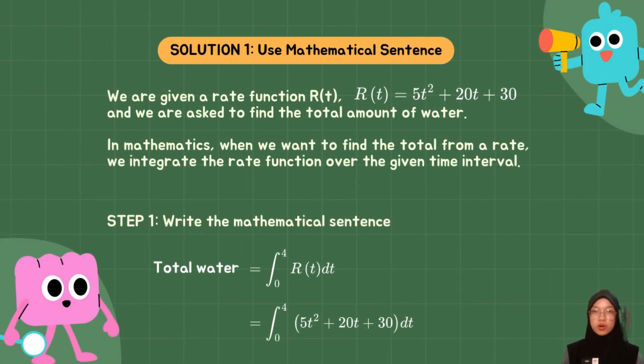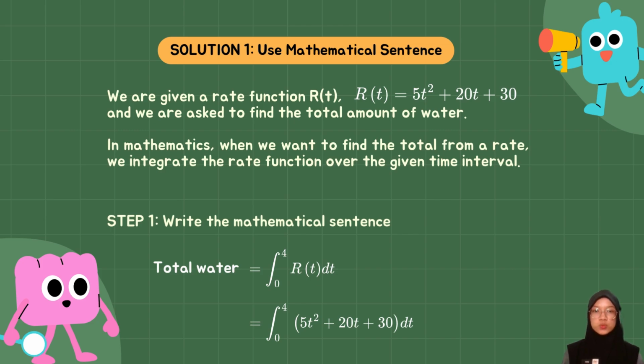To solve this problem, the solution one, we use a mathematical sentence. We are given a rate function R(t) equals 5t squared plus 20t plus 30, and we are asked to find the total amount of water.